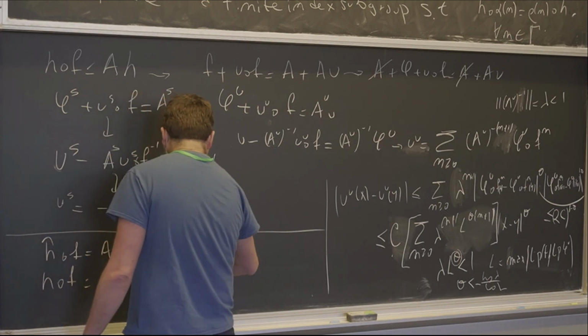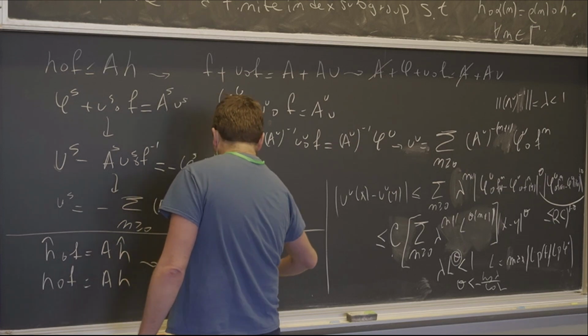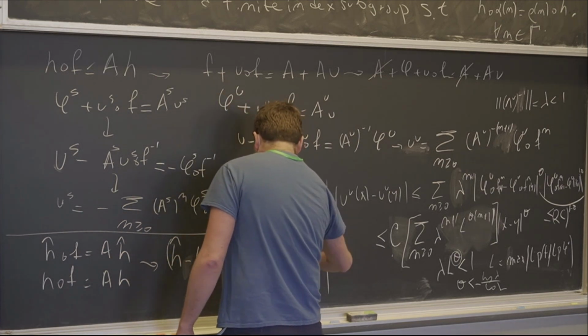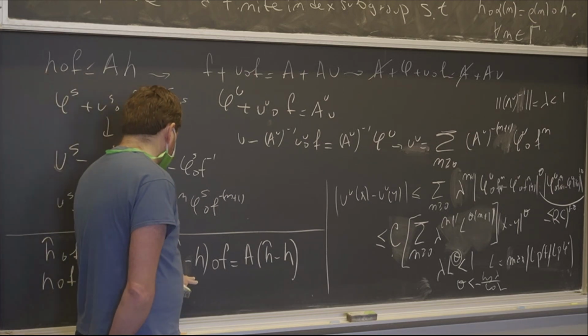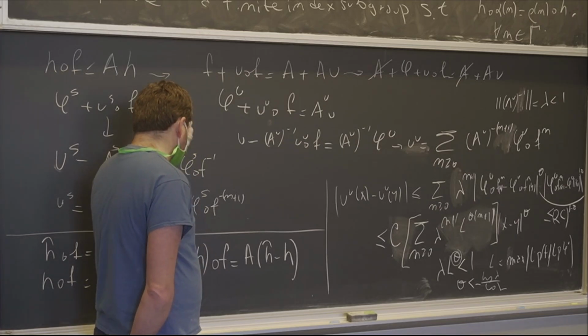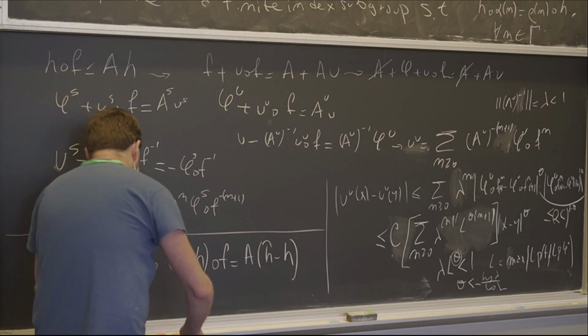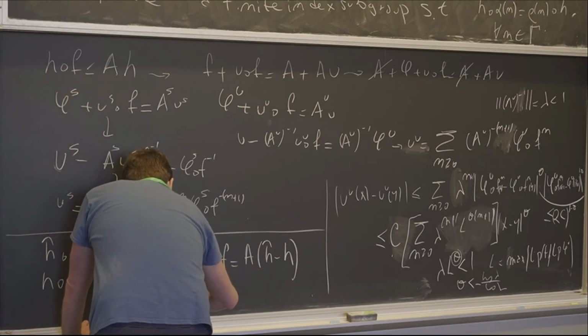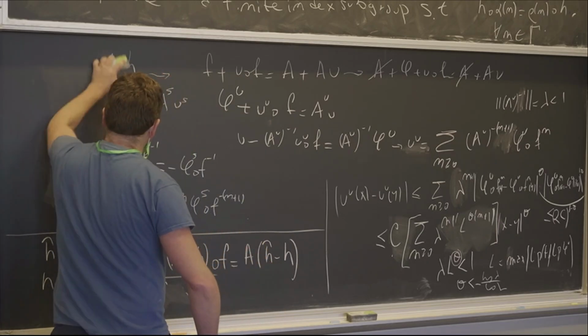this guy, and this implies that h hat minus h composed with f is equal to that. Now, since both h hat and h are homotopic to identity, the difference is homotopic to 0, which means it is a periodic function. So it can be lifted naturally to R^d up to some integer. Let's erase here because this is useless now.